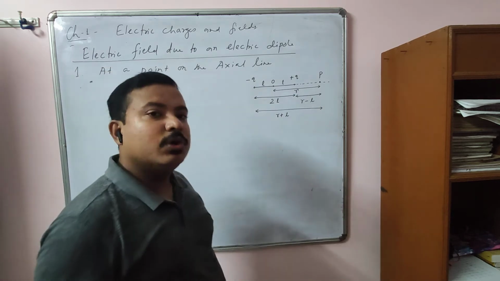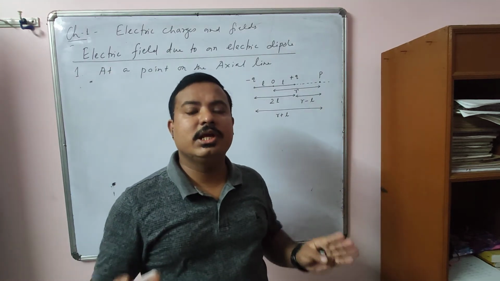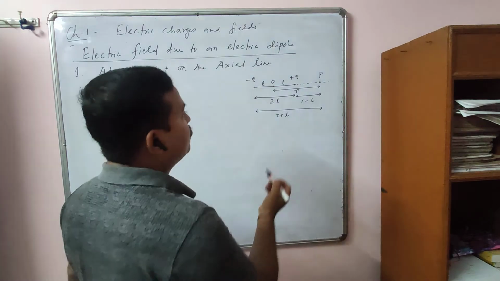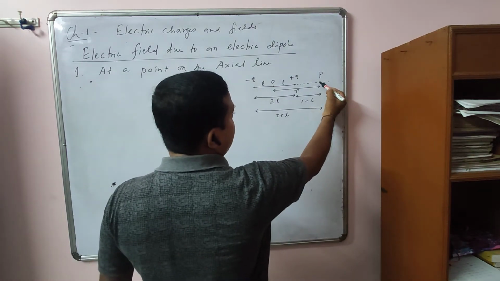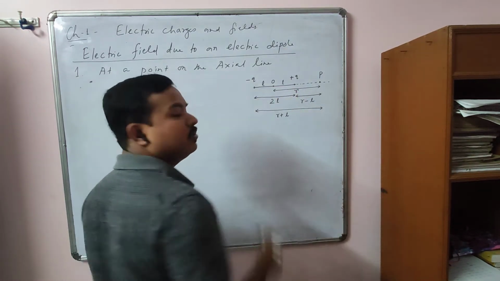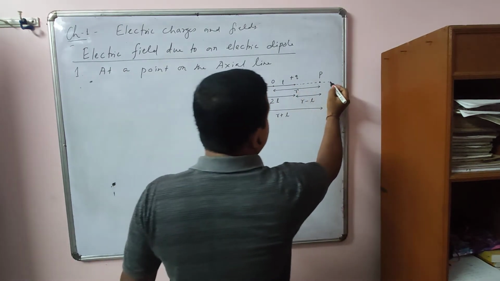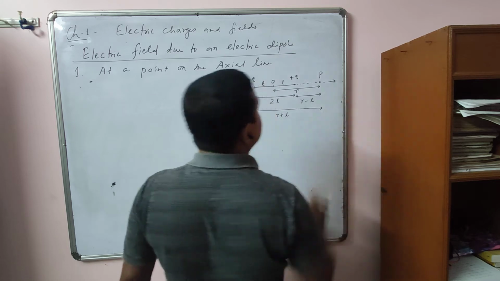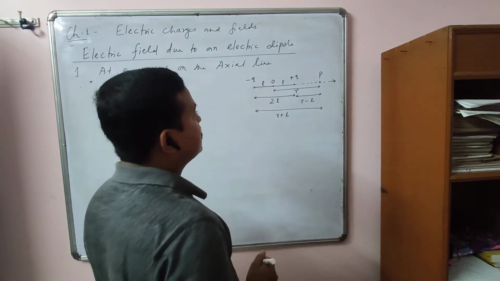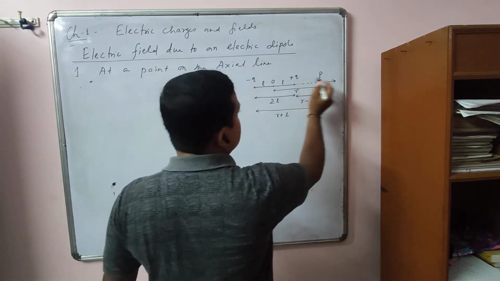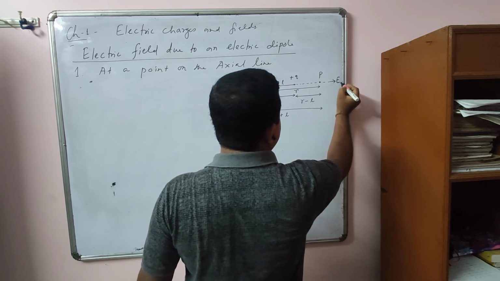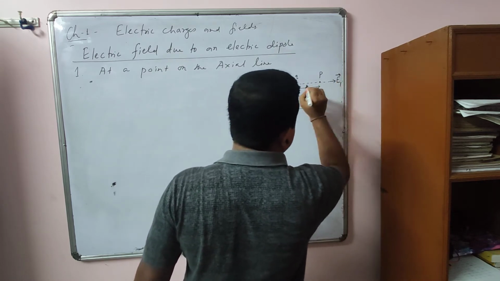Now, as I have told you, to find the resultant electric field, you have to find the direction first. So first you find the electric field at this point due to the positive charge and then due to the negative charge. Now this is a positive charge, so the direction of electric field is outward, as I discussed in the last part. For the positive charge it is E1, outward, away from the charge.